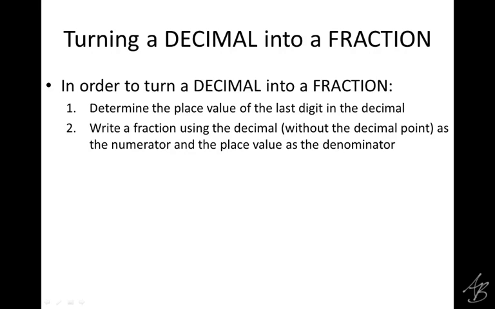We make a fraction bar, and we use the decimal without the decimal point. The number that we're starting with, we take the decimal point out, and that goes on top in the numerator, and then the place value is the denominator. So for example, if the last digit is in the hundredths place, we're going to put 100 in the denominator.